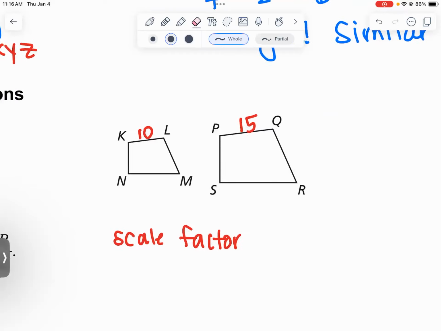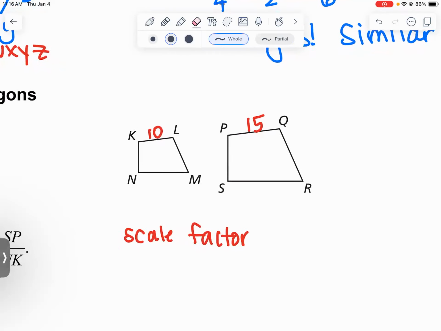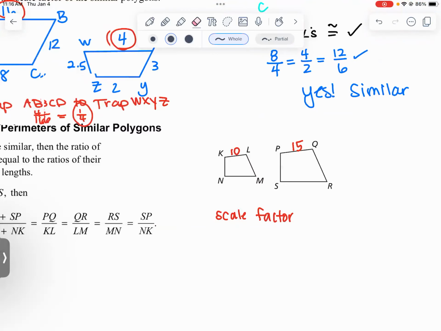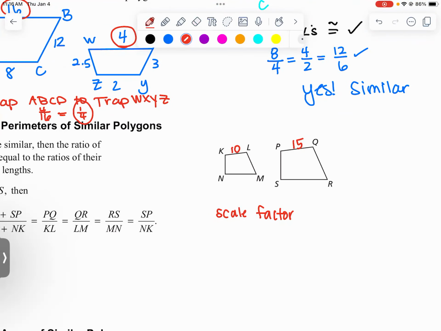Because you were looking at over here, let's be consistent with that. So they have PQ over KL. So you in your mind were saying 15 over 10, which is yes, 1.5, but we're not writing it as 1.5. What are we writing it as? Nope, still not. A ratio is just one fraction, 3 over 2. Okay, so our scale factor is 3 over 2.